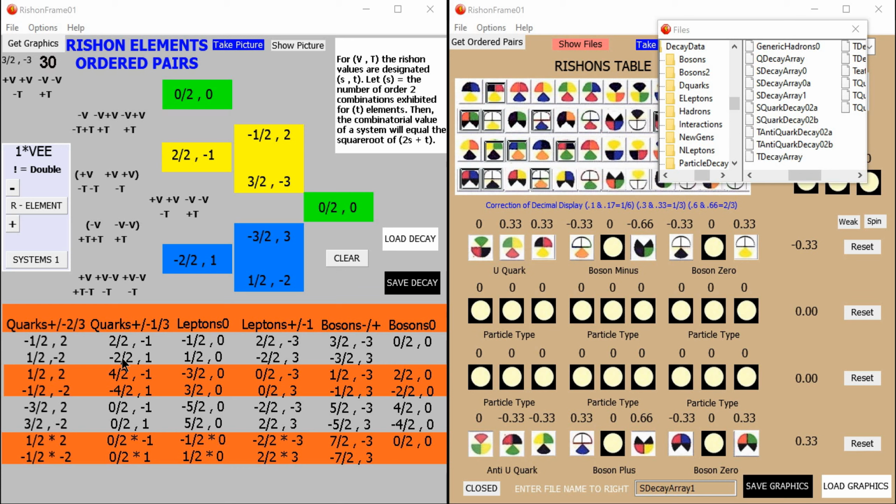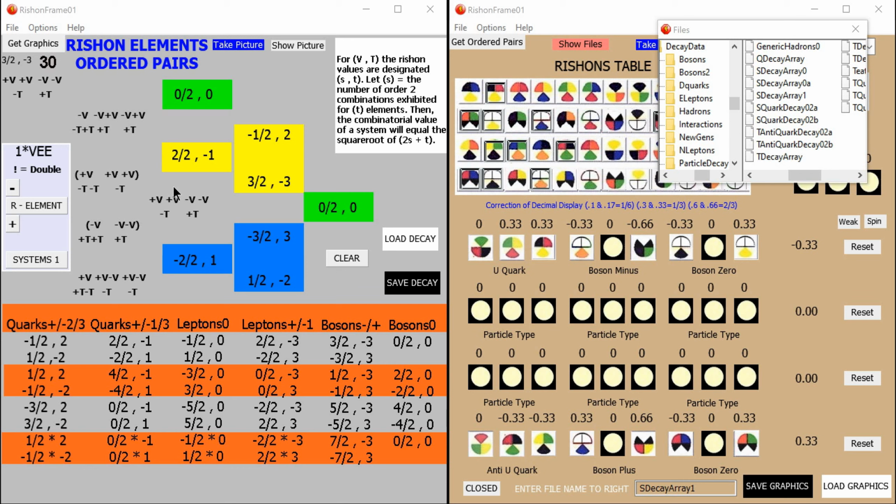Let's analyze the decay of the S quark. First, the S quark as an ordered pair is represented by the S value equals 2 divided by 2 and the T value equals -1.